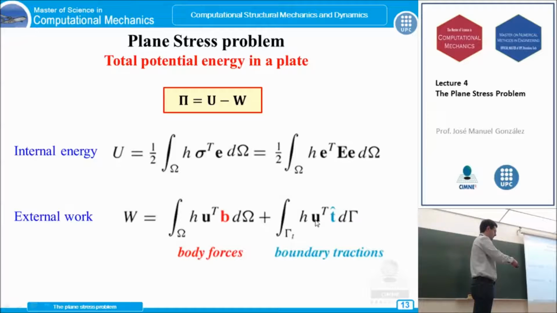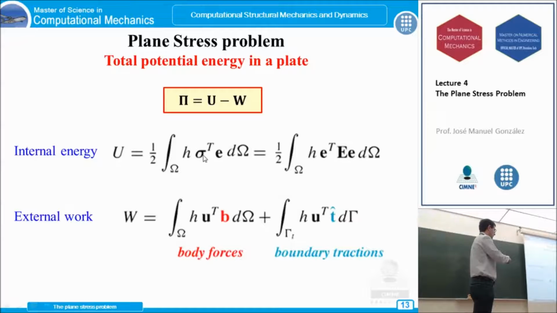So this vector times the displacement will give us the external work times the thickness, because we are considering this as uniform along the thickness. So the addition of these 2 integral values is the external work applied to the plate.